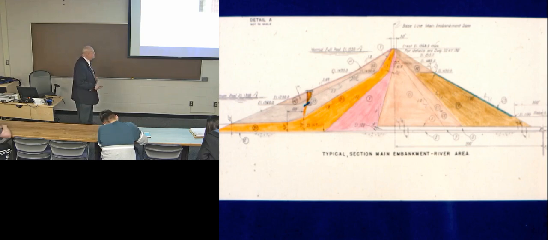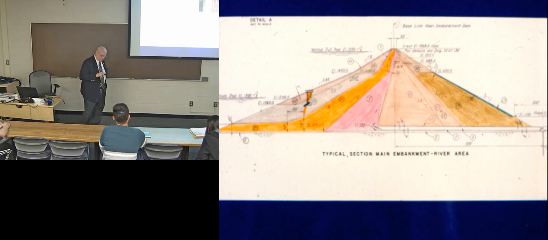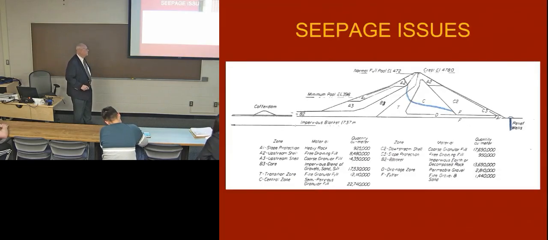And then the transition zone, this kind of pinkish, gets a little coarser. And finally, we get over to this tan zone, which is sort of the main structural portion of the dam.